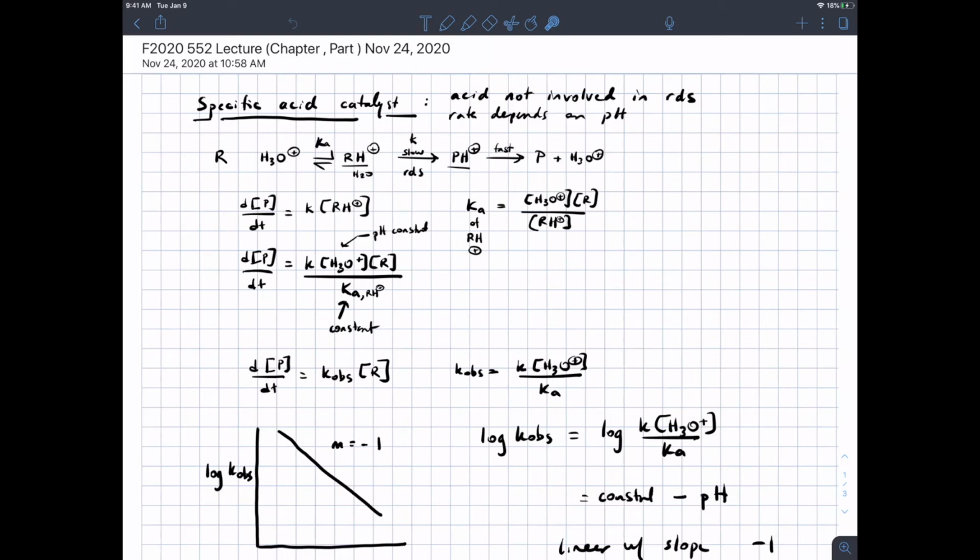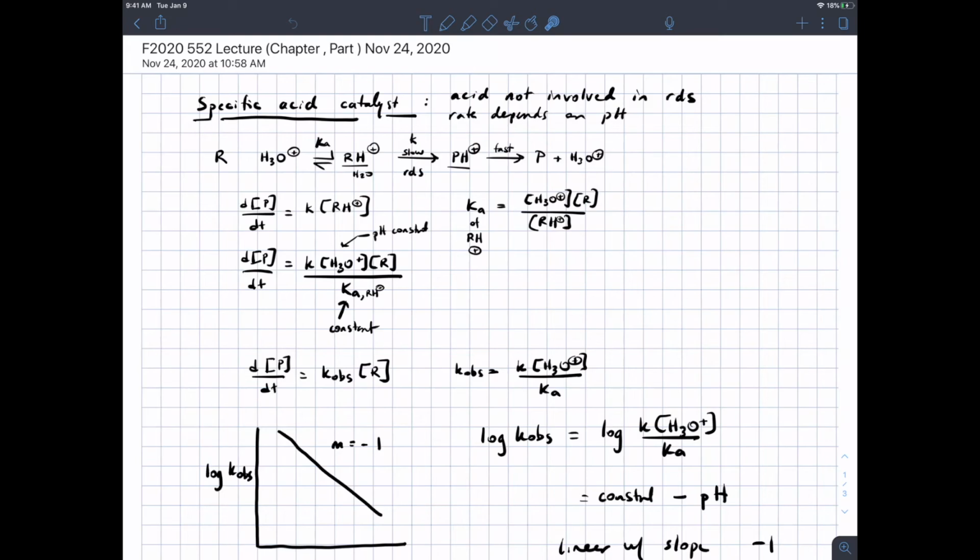The rate of the reaction, because this is the slow step, should depend on a rate constant times the concentration of protonated R, which you can relate based on our definition of Ka to the amount of starting material R that you have and the amount of hydronium you have in solution. And we're assuming this is taking place in water and the pH is staying constant.